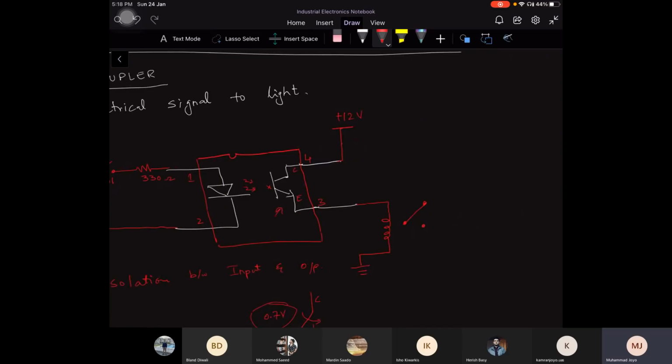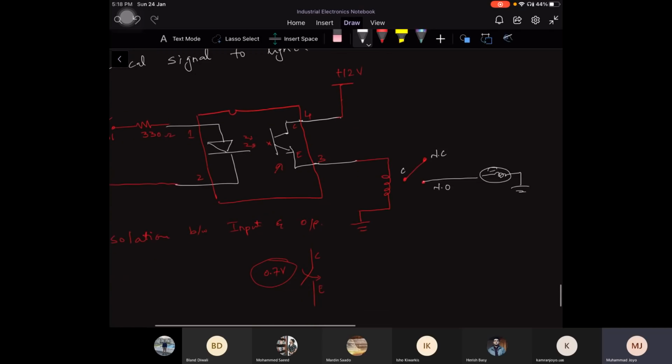Over here, this is your common terminal, normally closed and normally open. Let's suppose at the output side of the relay, you're attaching a bulb, and the common will be connected with the supply.